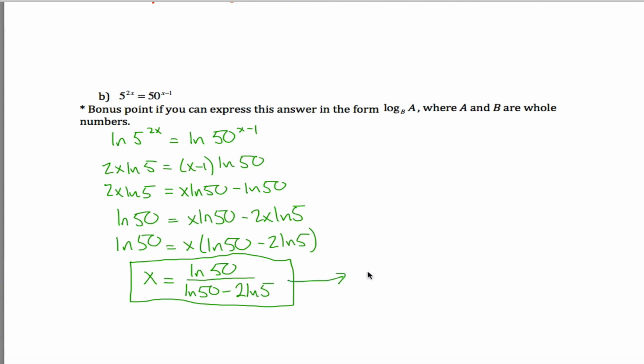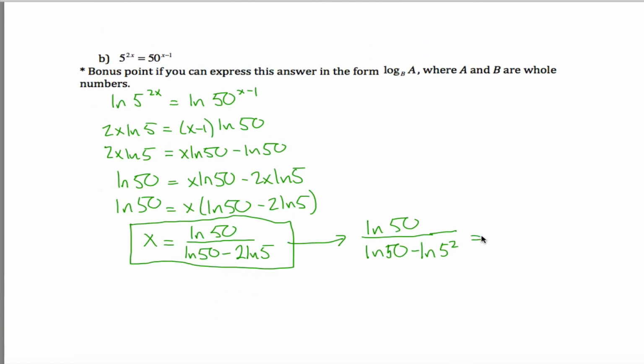And the way you could go further is you could say that in the denominator I can apply my second log rule. Actually, no, that's not true. You can apply your third log rule first to rewrite this negative 2 natural log of 5 as negative natural log of 5 squared. And the reason that helps is 5 squared is just 25.